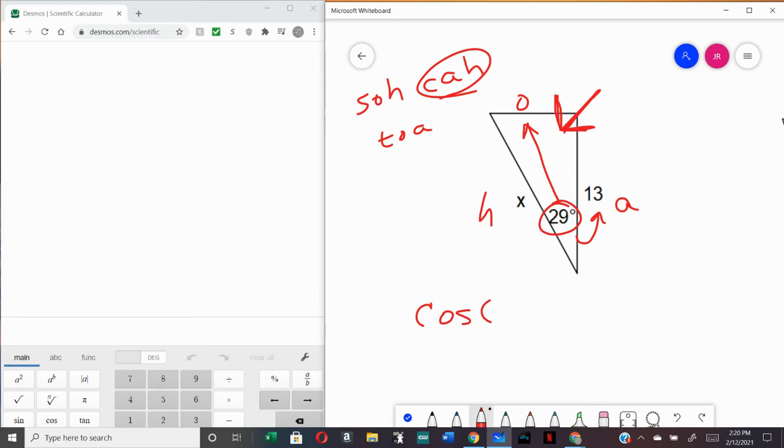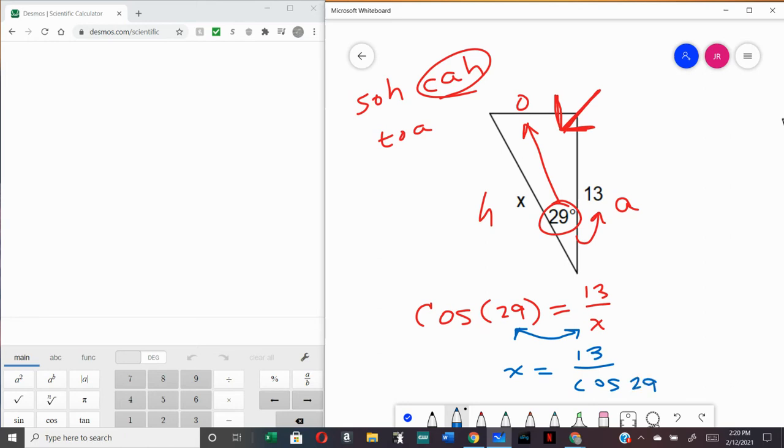Cosine of the angle measure, 29, is equal to the adjacent, 13, over the hypotenuse, which is X. And so once I get here, it's just a matter of solving for X. A little quick shortcut here. Since X is in the denominator, I'm just going to switch those two things right there. So I know that X is going to equal 13 divided by the cosine of 29.